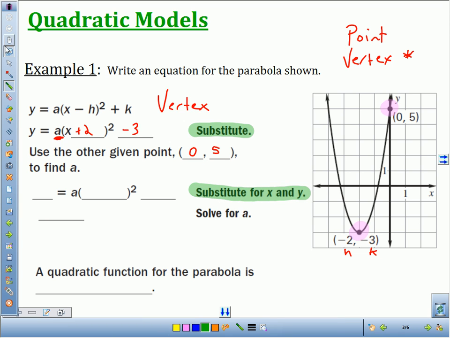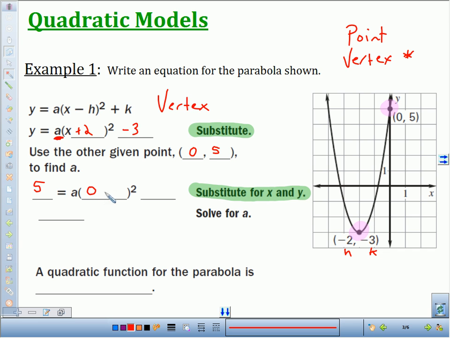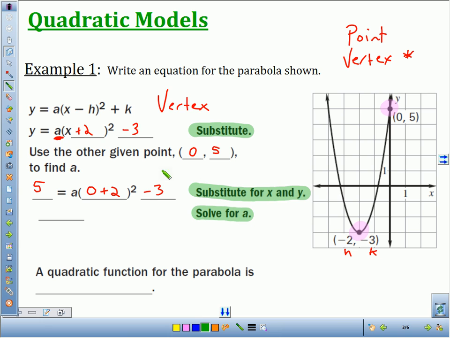So y in this case is 5, x in this case is 0, so inside the parentheses is 0 plus 2. And the minus 3 doesn't change. Now we need to solve for a. That's our last step, and once we've solved for a, we'll be done.